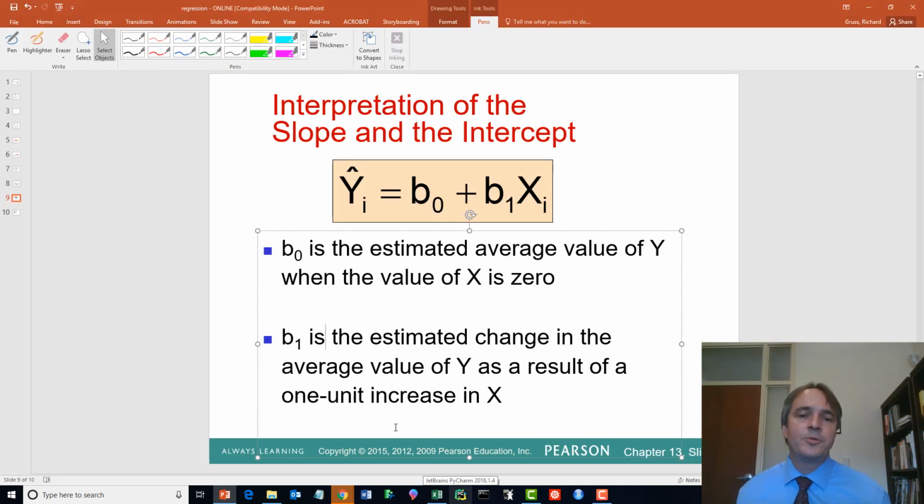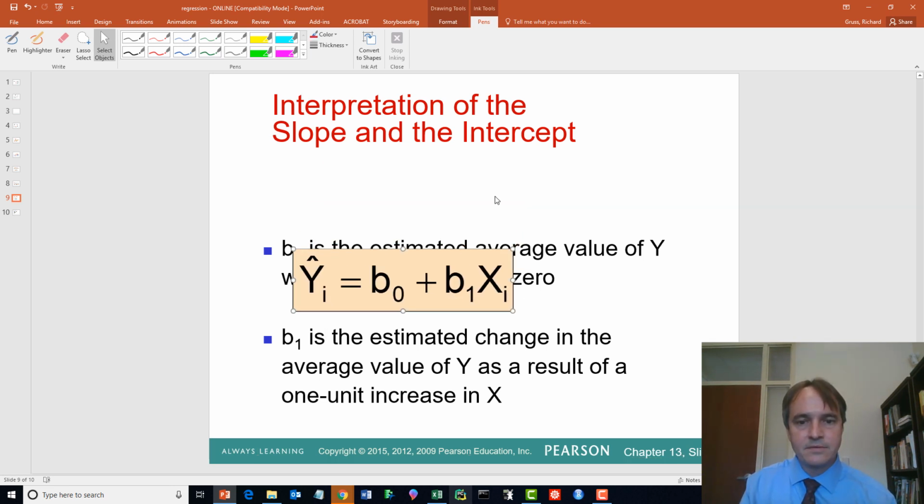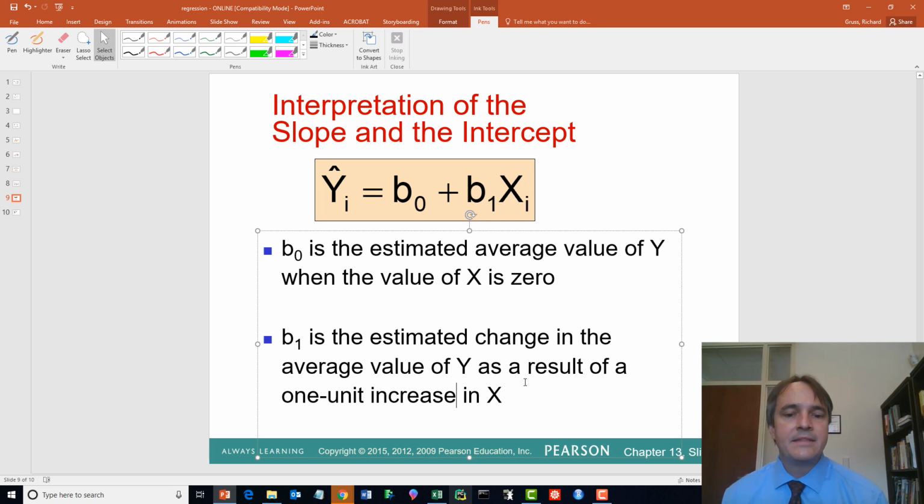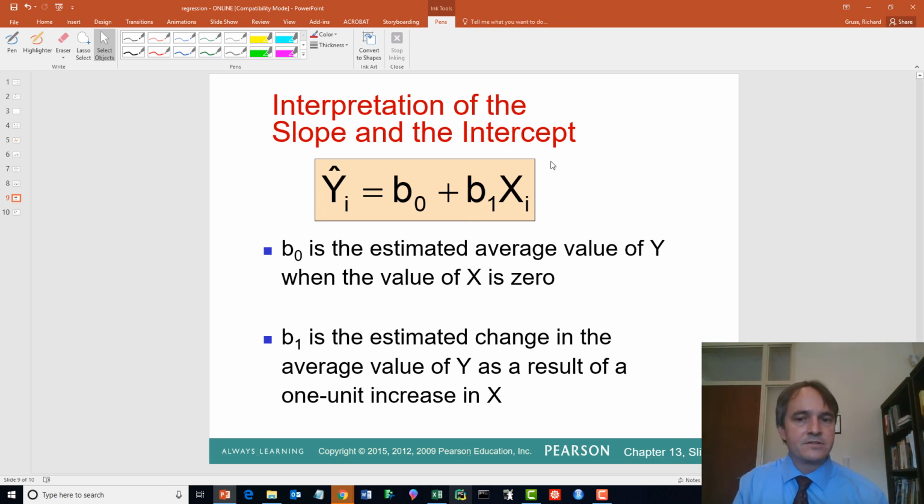Okay, so that's the interpretation of the intercept. And what about the slope? So the correct understanding of what this slope variable means is, this beta 1 here is the estimated change in the average value of y as a result of a 1 unit increase in x. That's really just the definition of slope, right?